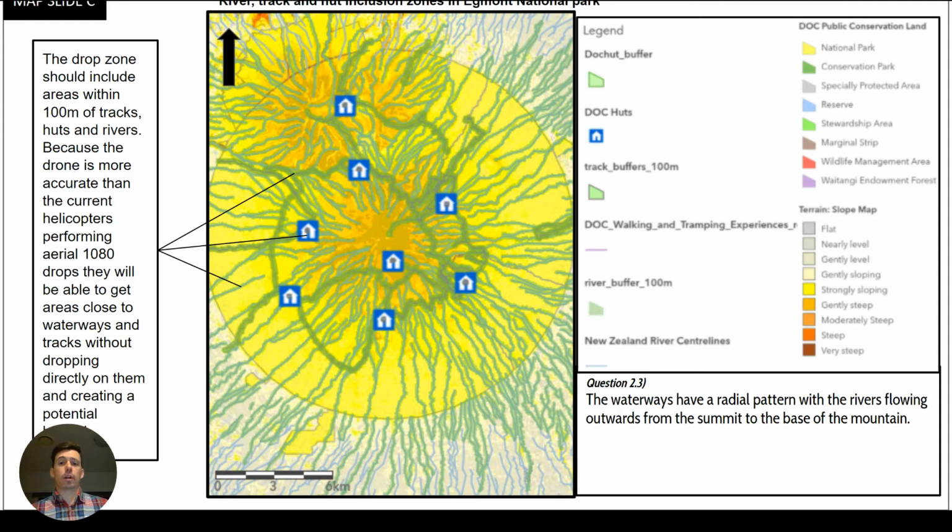And then we've got inclusion criteria, which the student has put in green on their map. We're looking at tracks, waterways and hut locations where we want to be putting a drone in next to because of the accuracy they provide over the use of helicopters for 1080. And that's what this map here is showing.